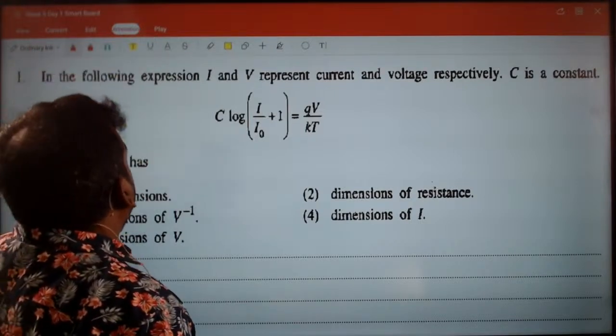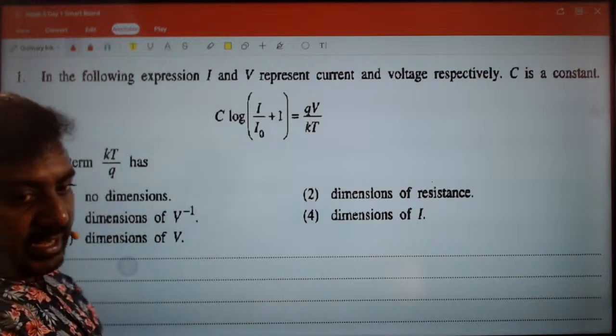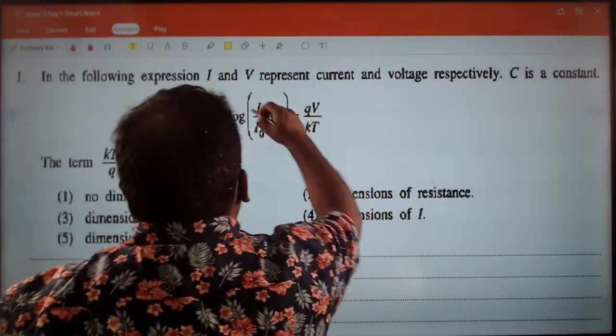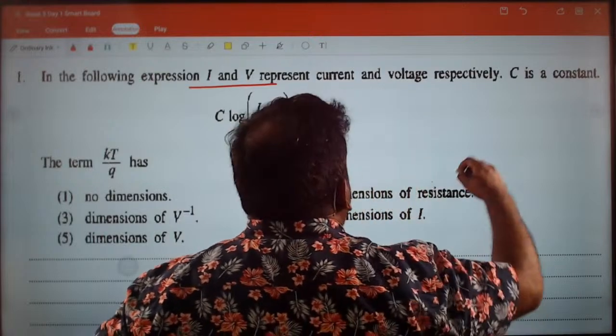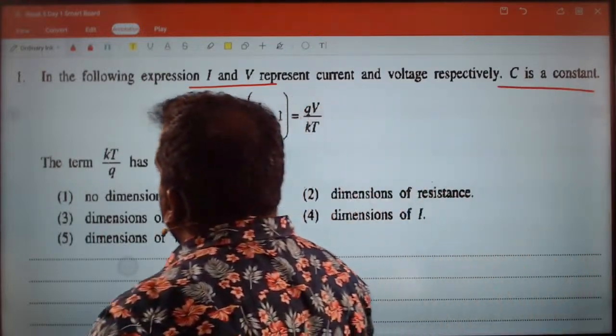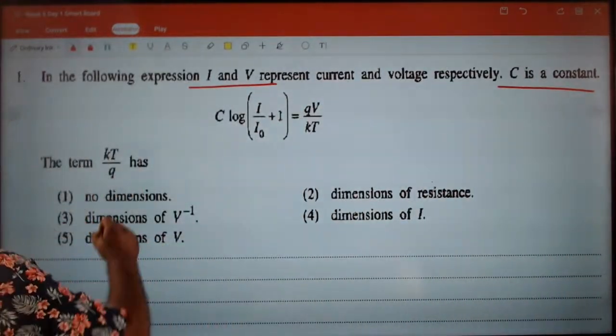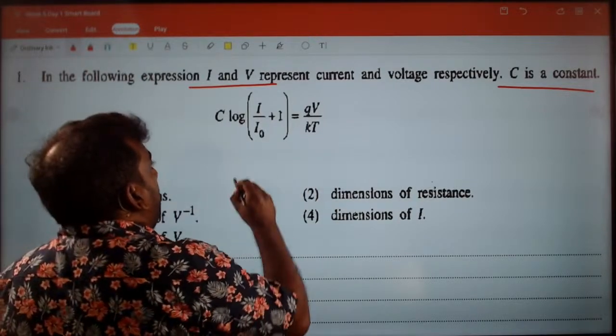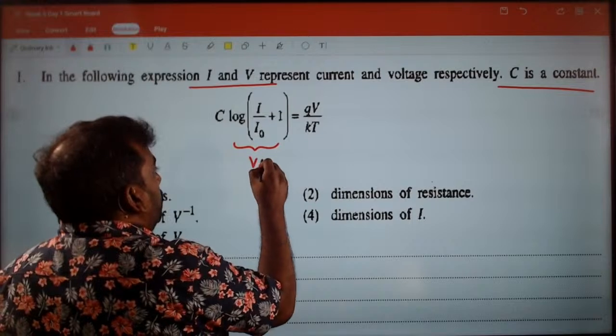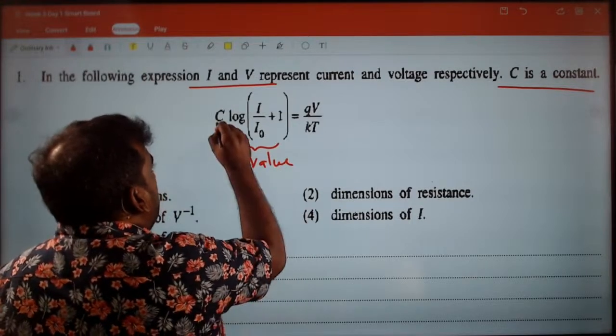Have a look. In the following expression, I and V represent current and voltage respectively. C is a constant. What are the dimensions of KT over Q? Now we know this is going to be a value. This is also going to be a value.